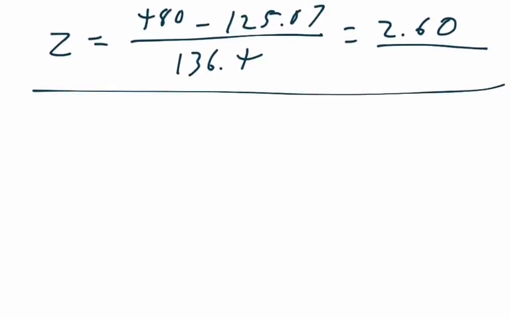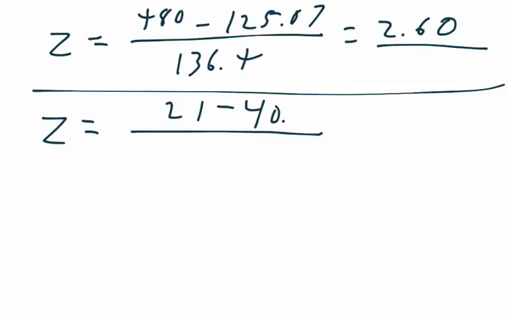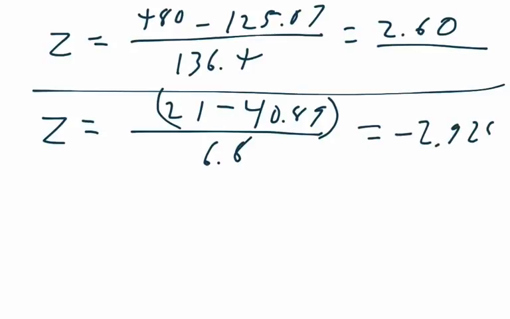For example, number 2, we're given the mean is 40.89. What is the z-score for 21? What is the z-score for 26 or for 56? So 21 minus the mean, which is 40.89, divided by the standard deviation, which is 6.8. So this would be an answer of negative 2.925.